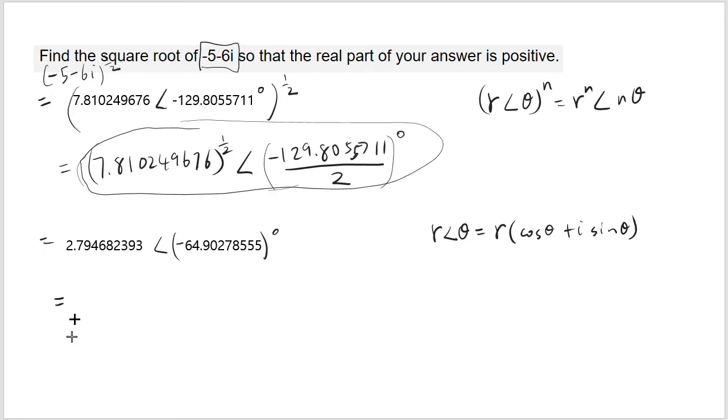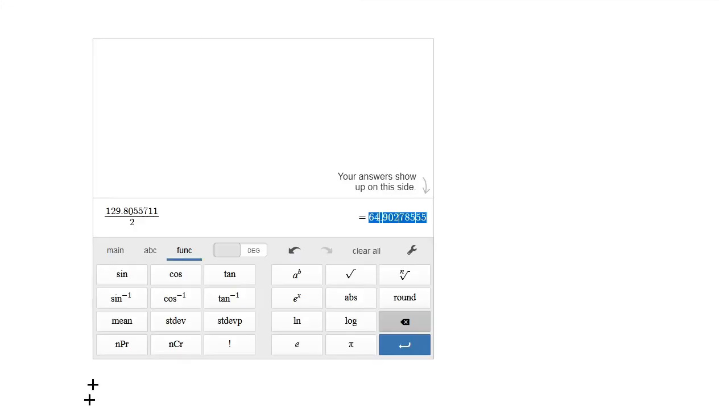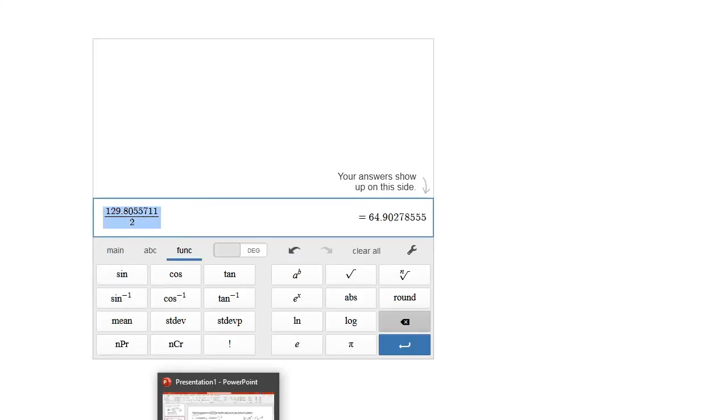So let's apply that. Let's first do r cosine theta. I know this is the 4th root of 61, but this one I can't memorize, so I'm going to put that into the calculator.